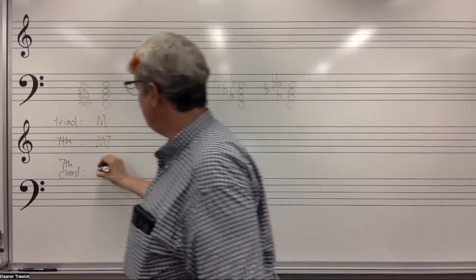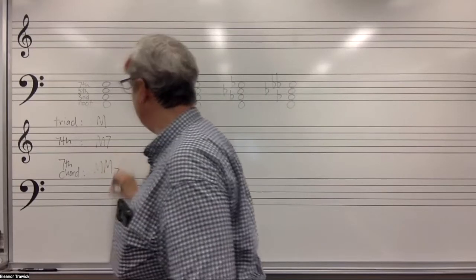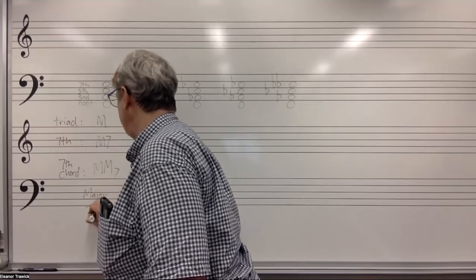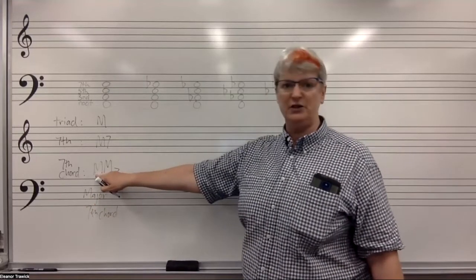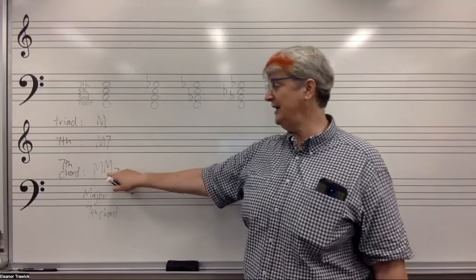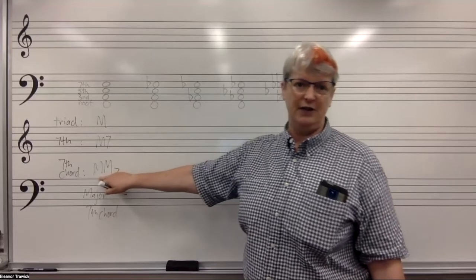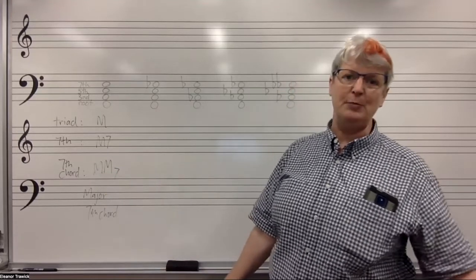And that means that this is called a major seventh chord. So the first M means major triad, the second M means a major seventh above the root, and this abbreviation is for a major seventh chord.